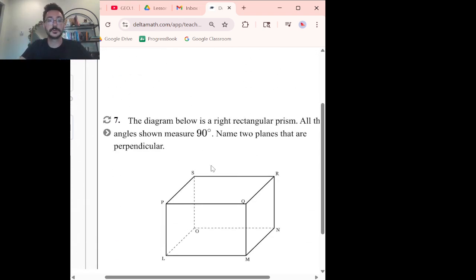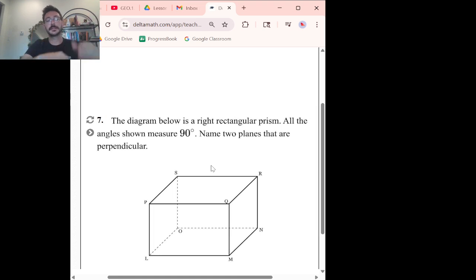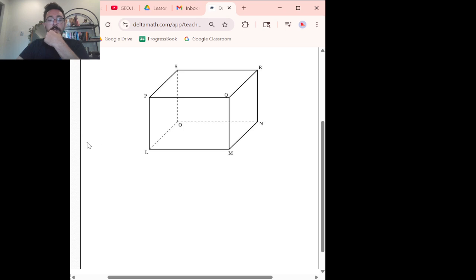And perpendicular would just be the opposite. They would need to meet at a 90-degree angle. So think if you had a cardboard box in front of you, what 2 sides make that corner would make them perpendicular. Okay, hopefully this helps for points, planes, lines, anything else I talked about for 1-1 here.